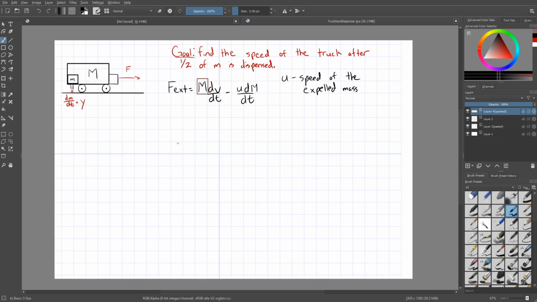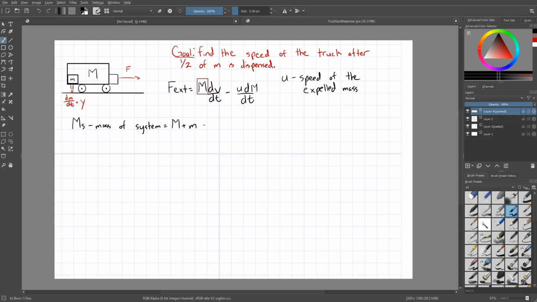So I'm going to define a new variable, ms, which refers to the mass of the system. That's going to equal, initially, m plus this little m. We're just taking the bag of rice and adding it to the mass of the truck. It's the mass of the whole system.